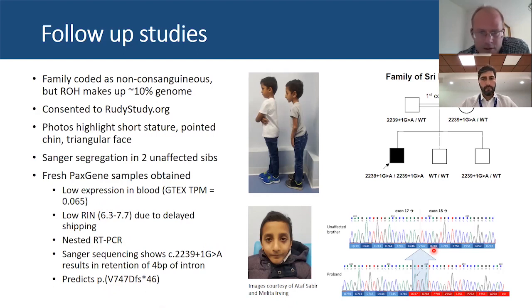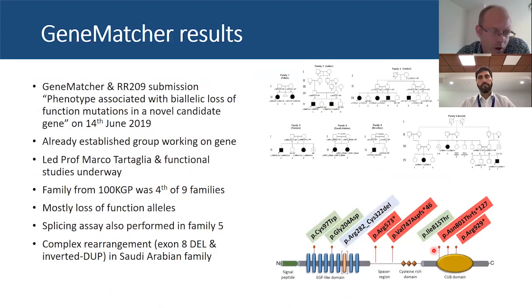So when we'd done those follow-up studies, we were confident enough about it to put it onto GeneMatcher. At the same time, we put it onto the GEL research registry. This was now just under 2 years ago, and it turned out straight away we could see that there was already an established group working on this gene, led in Rome by Professor Tartaglia.